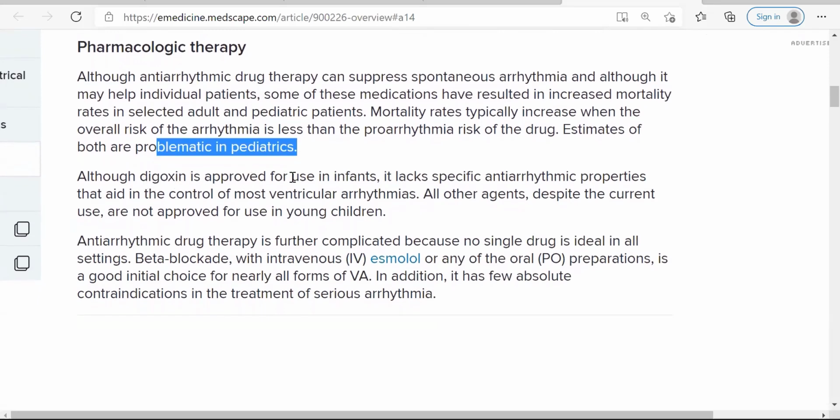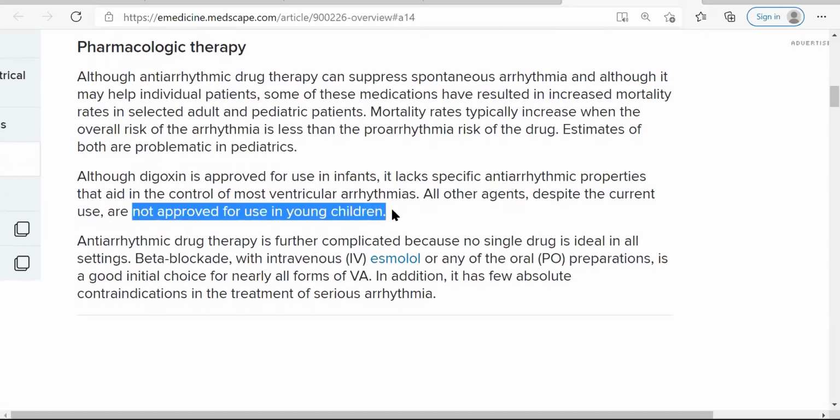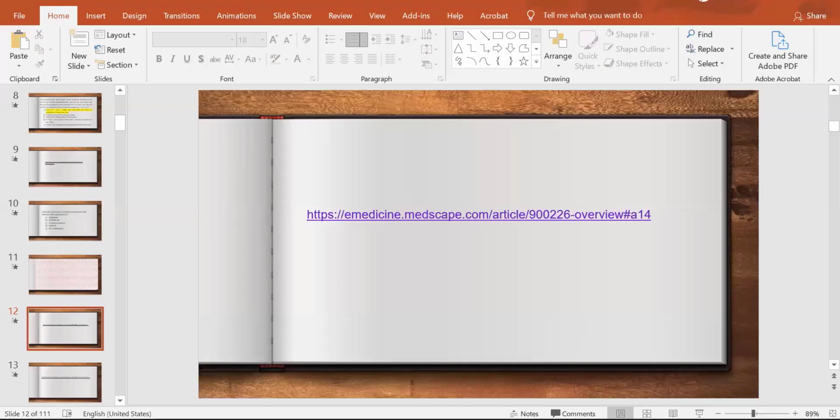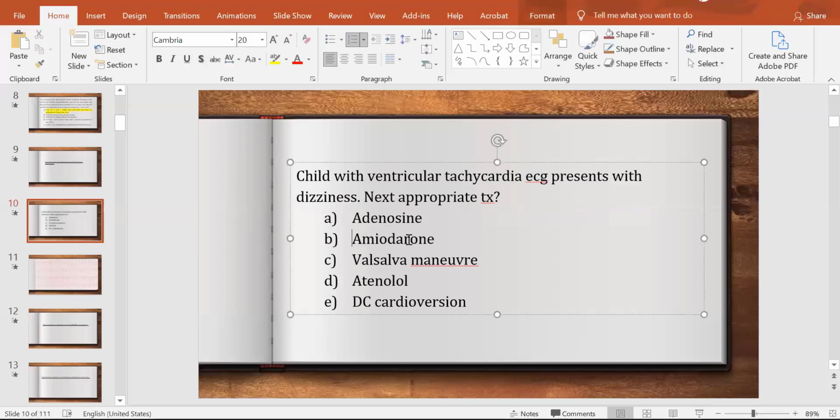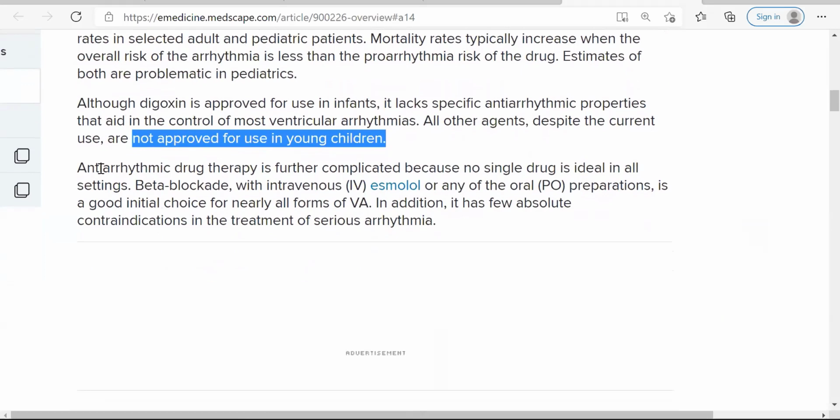Although digoxin is approved in infants, it lacks specific antiarrhythmic properties. All other agents, despite current use, are not approved for use in young children. So forget about amiodarone, because this is an antiarrhythmic drug. Antiarrhythmic drug therapy is further complicated because no single drug is ideal in all settings.